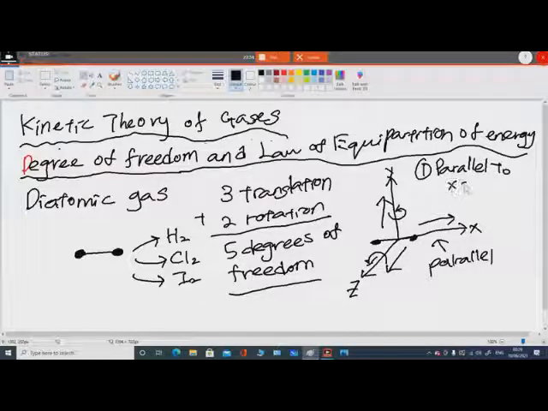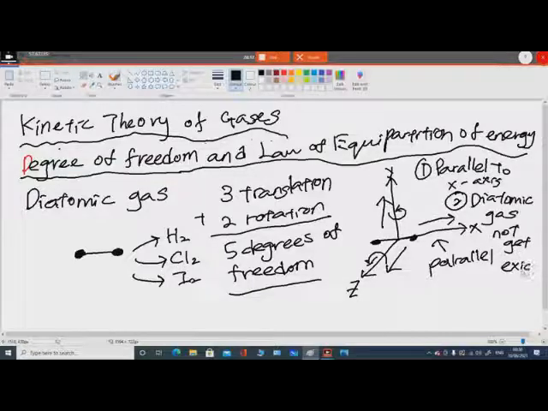As for the second explanation, some of the scientists I found said that the diatomic gas is actually not excited. Since the diatomic gas does not get excited, it does not include the rotational motion along the x-axis.